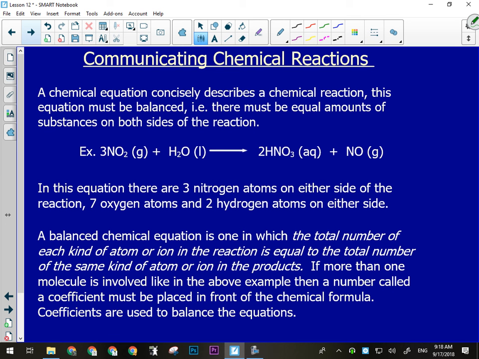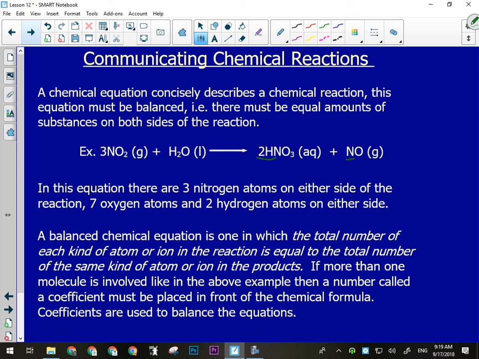Right. So when I'm balancing this, how many nitrogen atoms are on this side? 3. These are the only ones. Okay, and over here, are there 3 on this side? There's 3. There's 2 here, plus 1 more is 3.